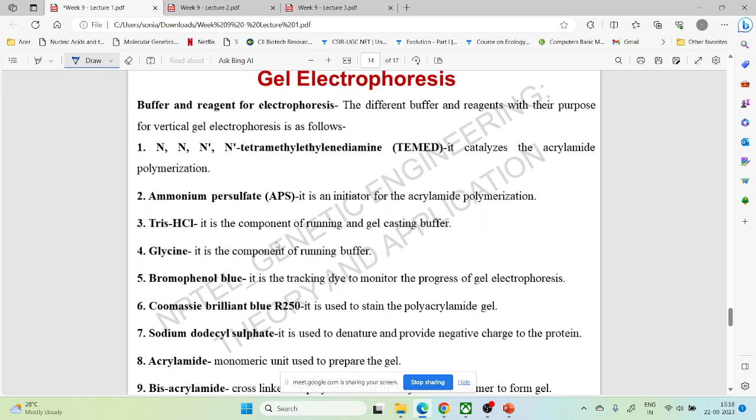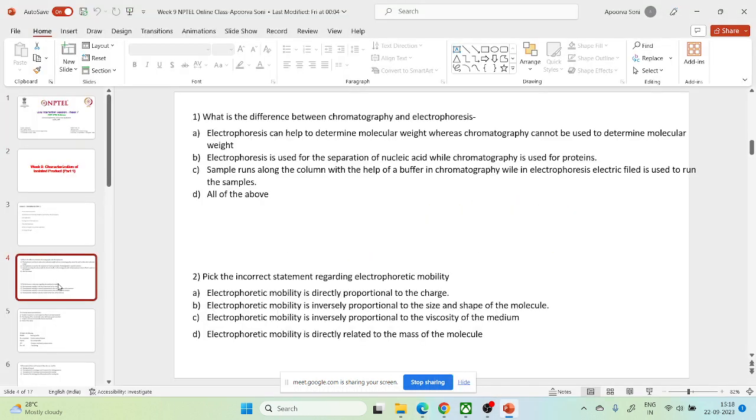So first we'll solve one or two questions and then we'll come again to the remaining part. The first question is, what is the difference between chromatography and electrophoresis?